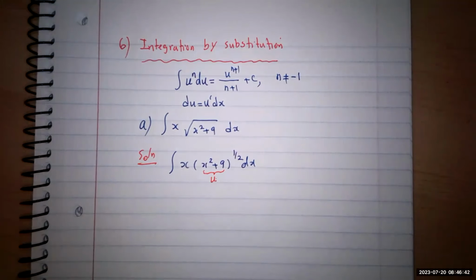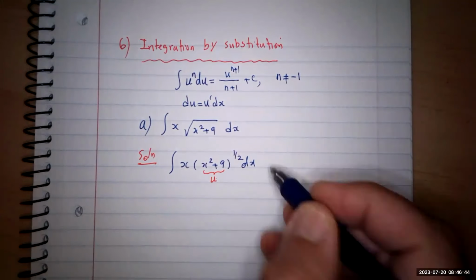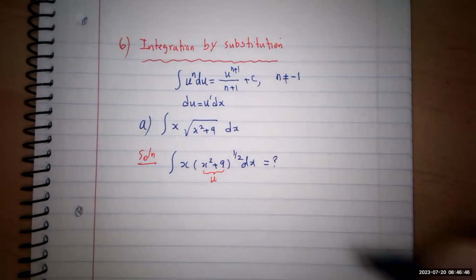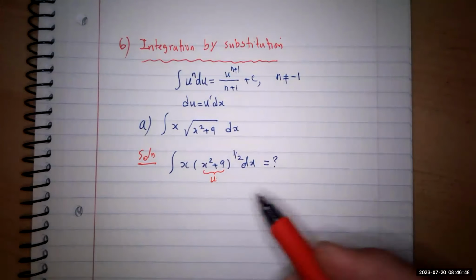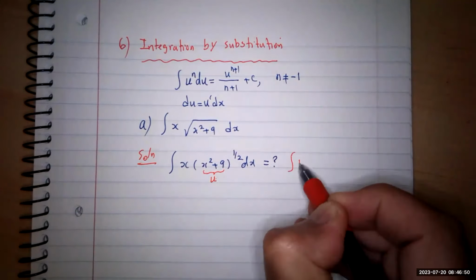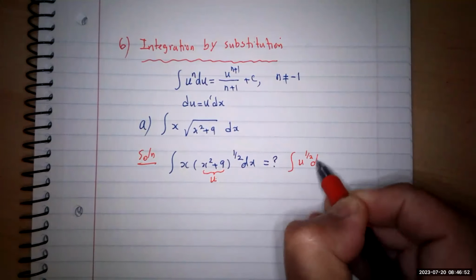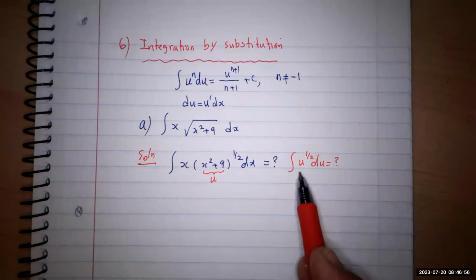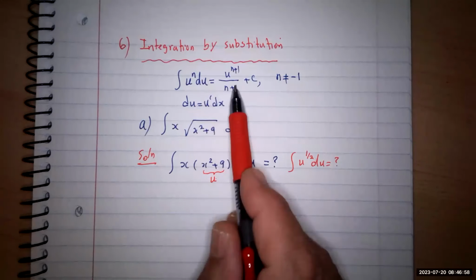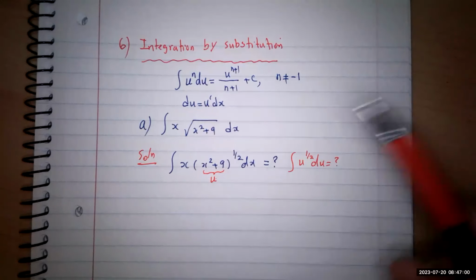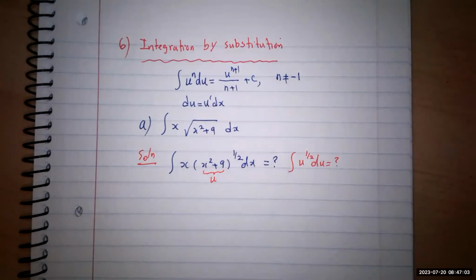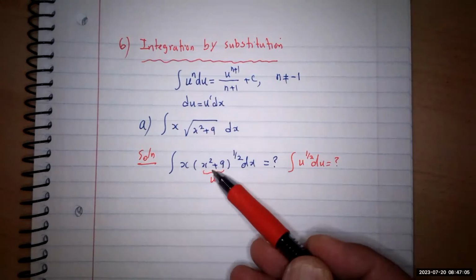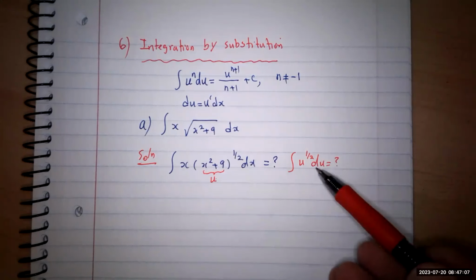So your target is, as soon as you take this one to be u, u to the 1/2 du. So you have to form this one. As soon as you form u to the 1/2 du, you can use the formula. It's going to be u to the 3/2 over 3/2, and so on. So as soon as something is inside the parentheses, you call it u, and this must end up with this one.